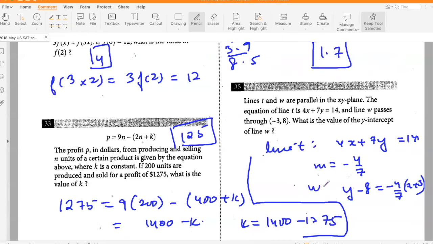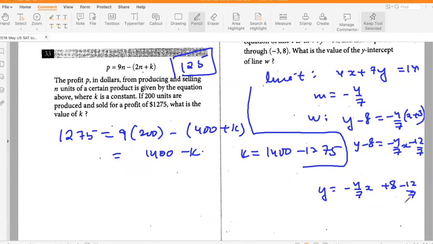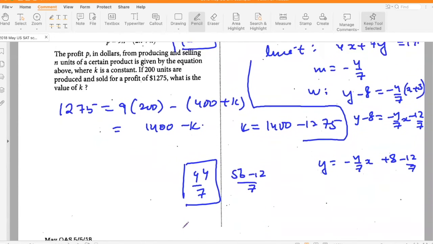This is for W. So y minus 8 is minus 4 by 7x minus 12 by 7. So y is equal to minus 4 by 7x plus 8 minus 12 by 7. So 56 minus 12 by 7, 44 by 7, right? That's the y-intercept for line W.